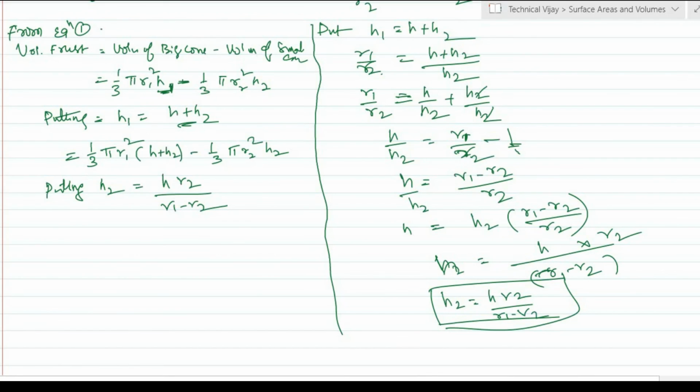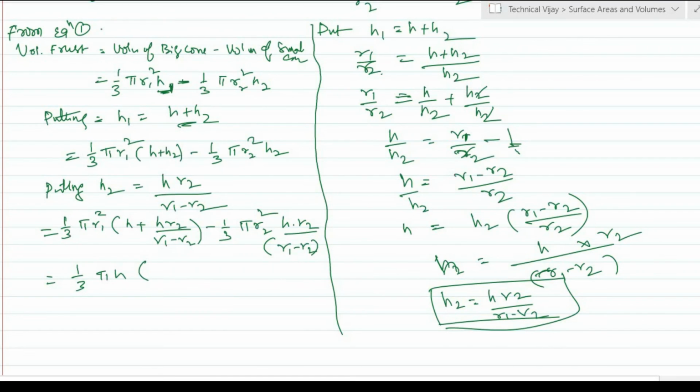So this is 1/3 π into R1² into (H plus H into R2 divided by (R1 minus R2)), minus 1/3 π R2², where H2 is nothing but H into R2 divided by (R1 minus R2). After simplification, this comes to 1/3 π H into (R1³ minus R2³) divided by (R1 minus R2).